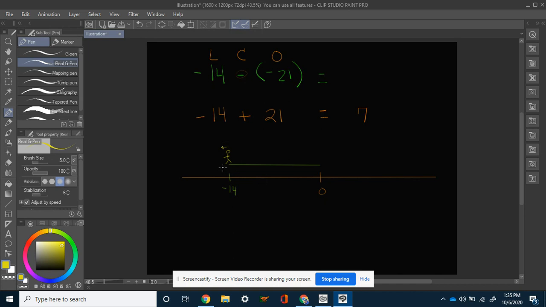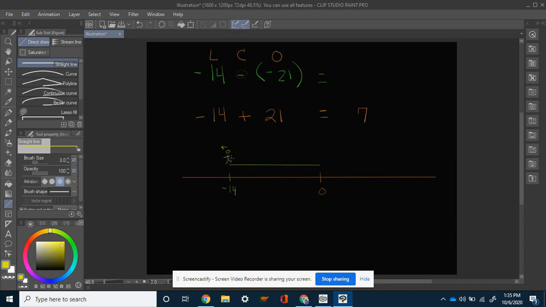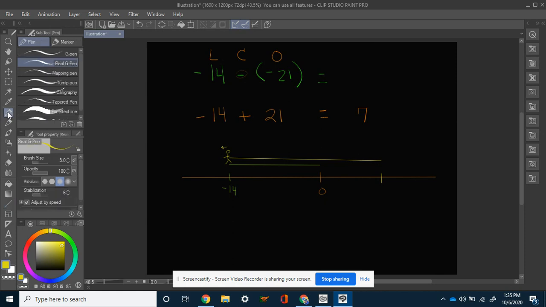Subtraction means face left. But the negative 21 says to take 21 steps backwards. So we're not actually stepping forwards. We're actually stepping this way 21 steps. That's what it means. Subtract, look left, but walk backwards. In reality, the double negatives make it a positive. And that's where we come up with this idea of positive 7 for our solution.